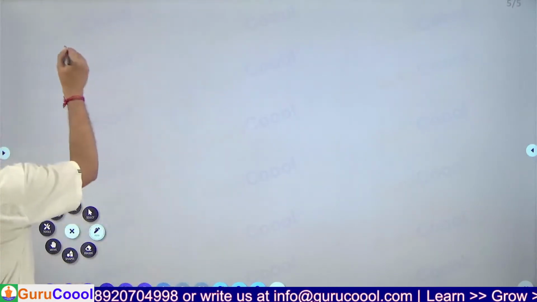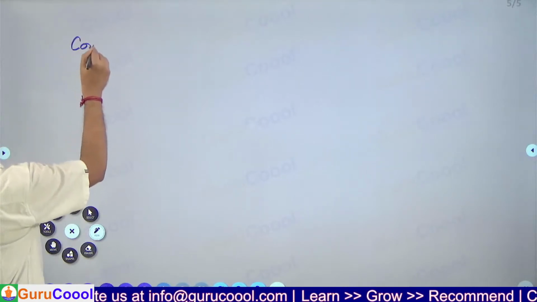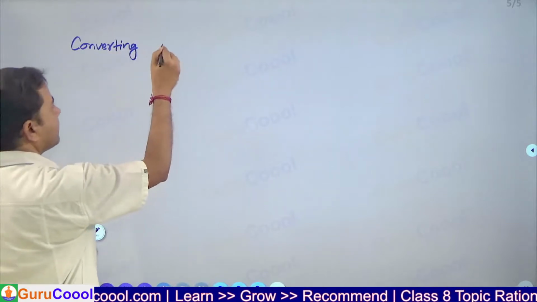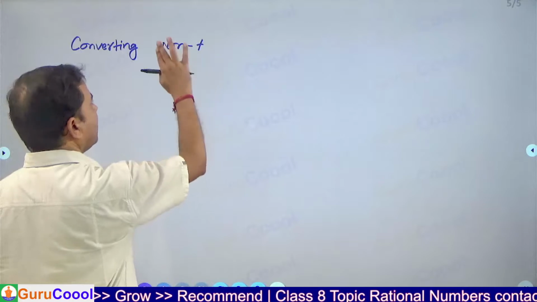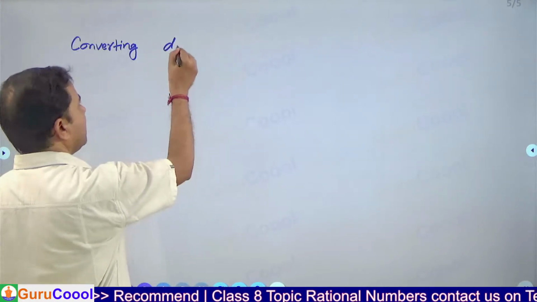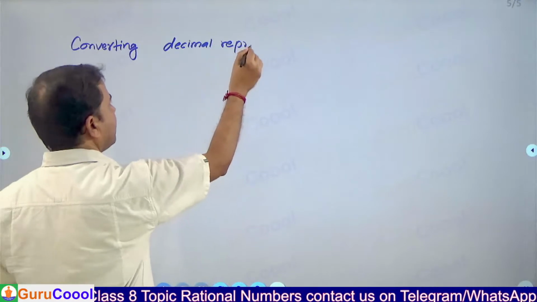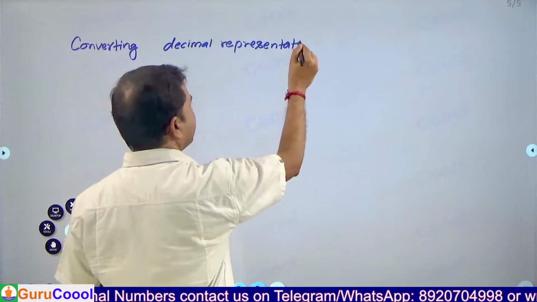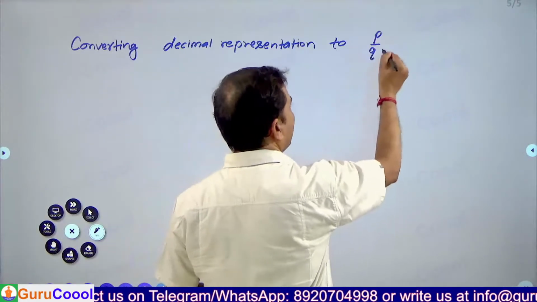Okay. Now the next topic is converting decimal representation to P by Q form.